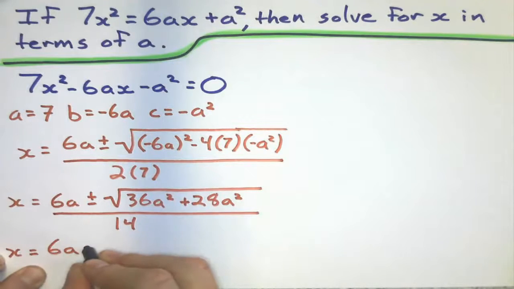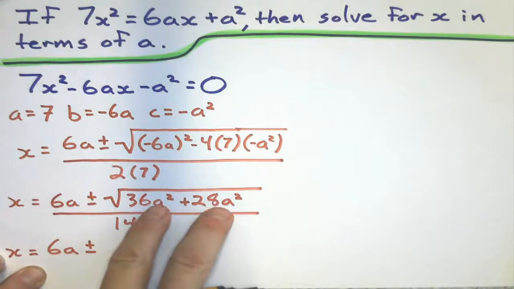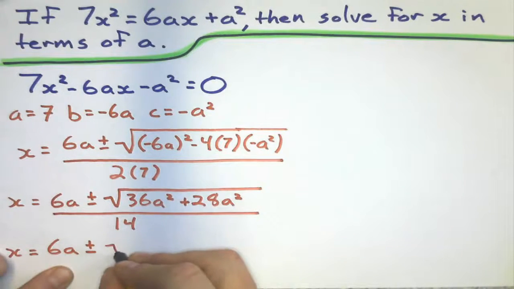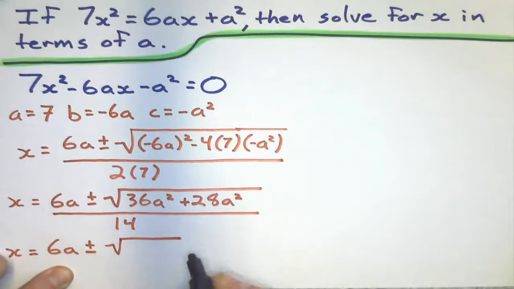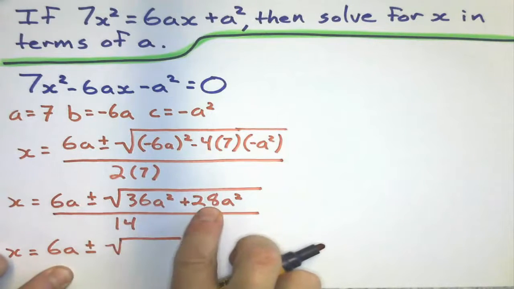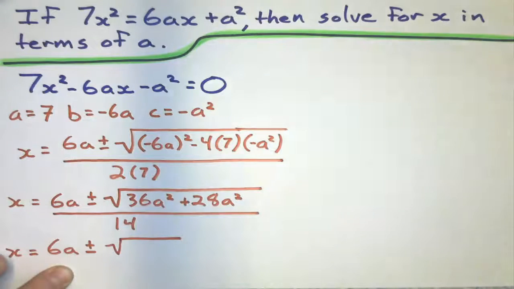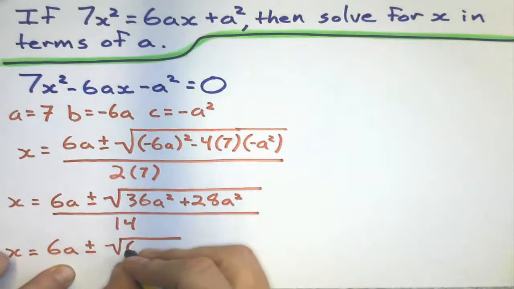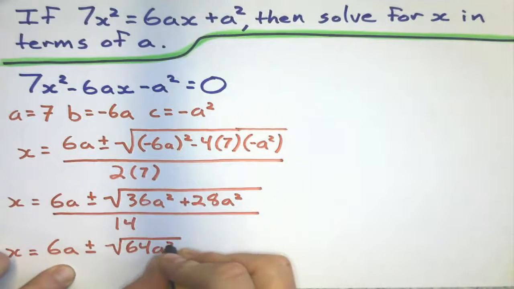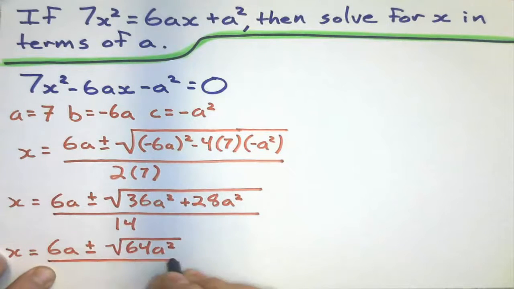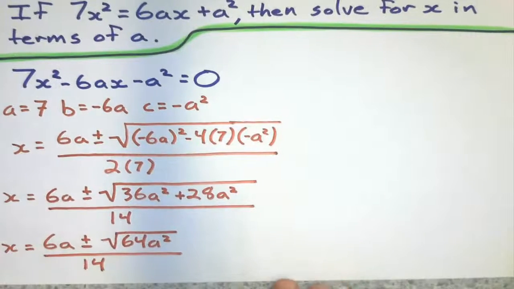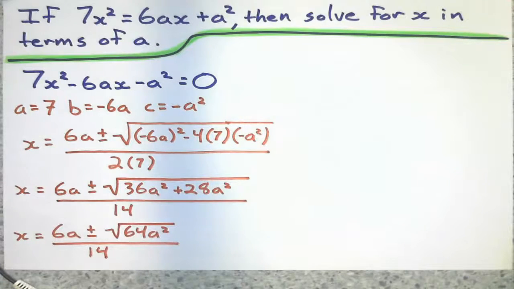X equals that 6a is just kind of floating along. I can collect like terms here and get 36 plus 28, which should give me 64, so 64a squared all over 14. Now, this is coming together.